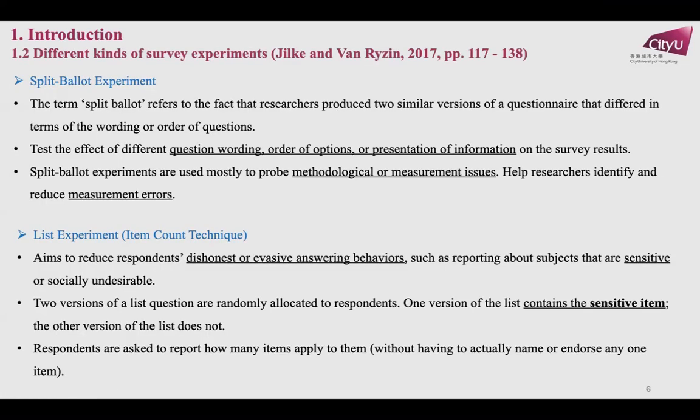So for the types of survey experiment, the first one is split ballot experiment, which is a research design used to assess how different question formats or survey designs may affect the respondents' answers. In this type of experiment, participants are usually divided into two groups, each group receiving a different version of a survey.